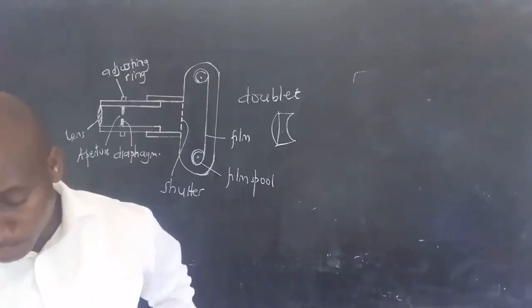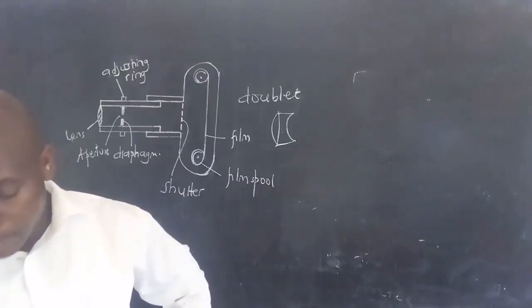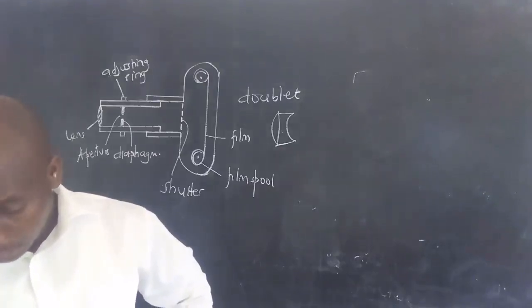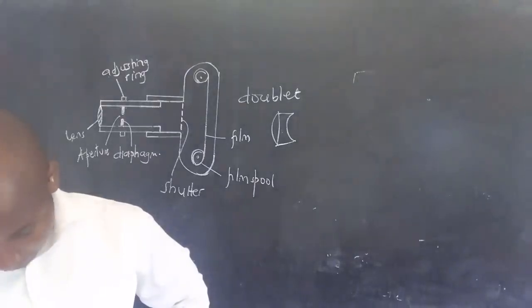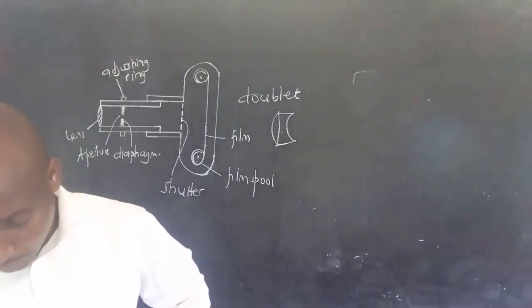A long-sighted person sees only far objects clearly because their images are formed behind the retina. A person with a long-sighted defect cannot see near objects clearly, and this occurs when the image is formed beyond the retina.